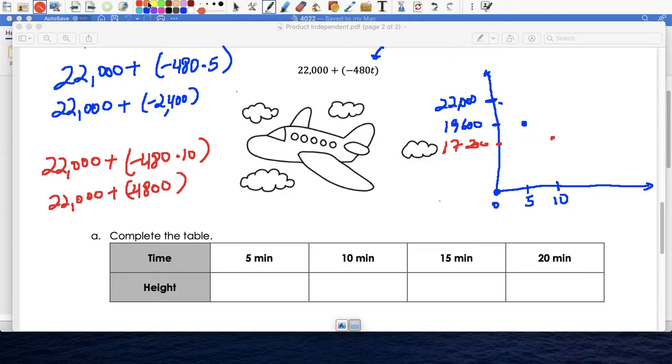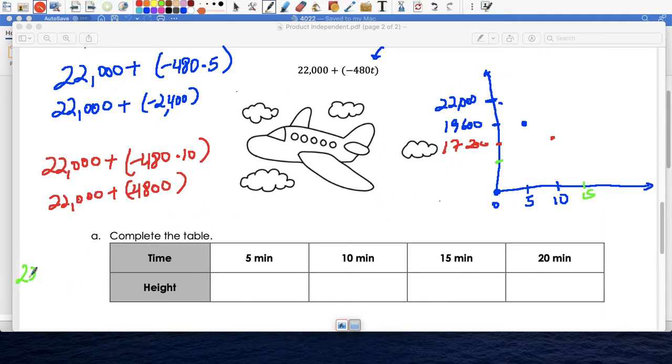And then we want it at 15 minutes. I'll change colors again. So at 15 minutes, it would be 480 times 15, not 4,800. Let me draw another one right here.